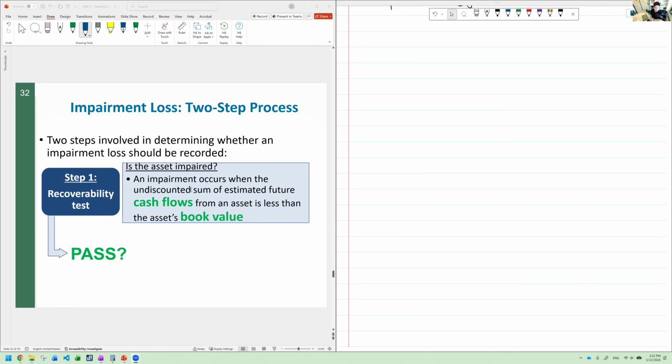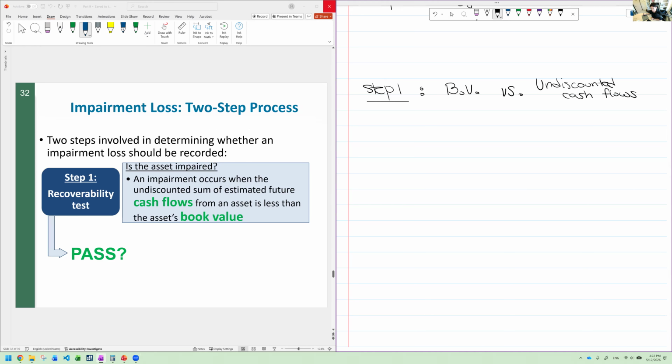Now, for this impairment loss test, it's a two-step process. In step one, what you are going to do is compare the book value of this particular asset, basically the value that you are currently reporting in the balance sheet for that asset, against what we call undiscounted cash flows.